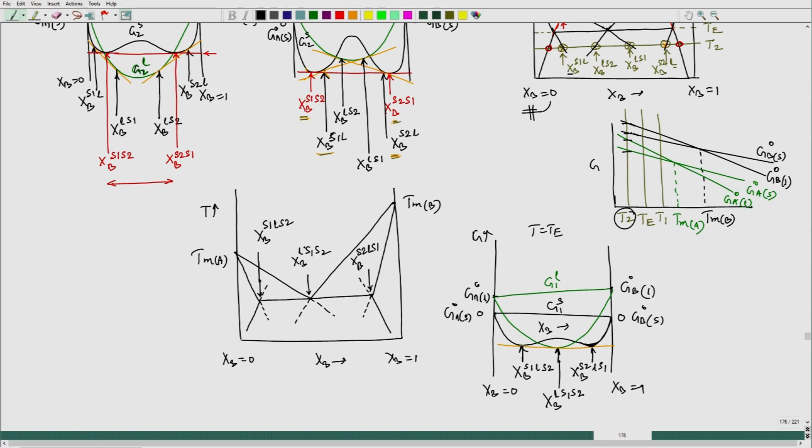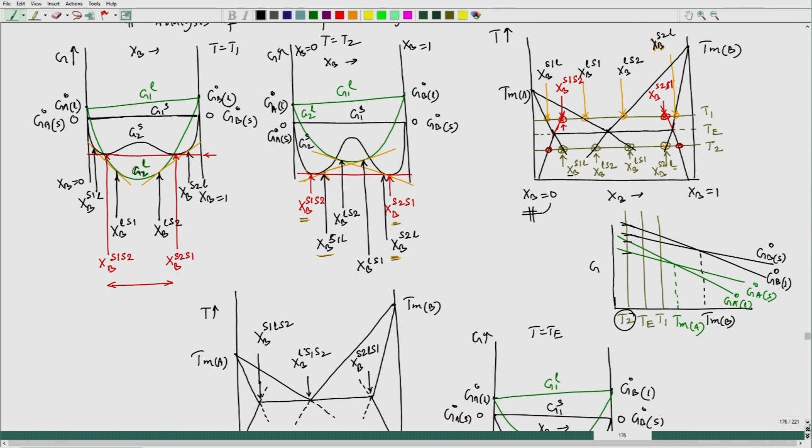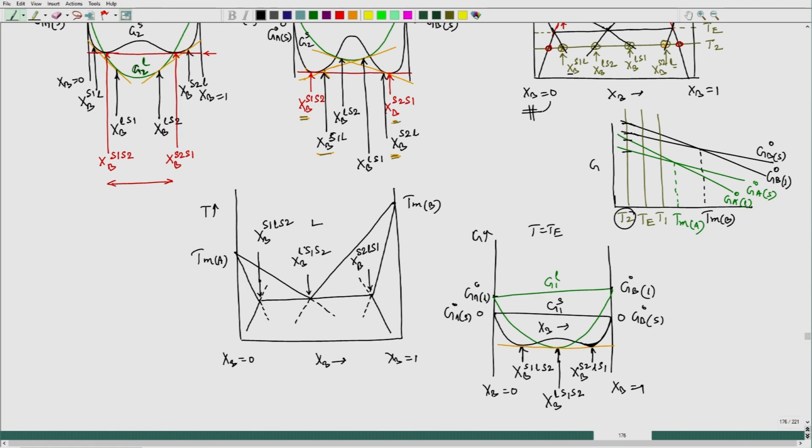Like that way we get the entire information about the metastability as well as stable situations in this eutectic phase diagram. And here I need to mark that this is liquid, this is solid 1, this is solid 2, solid 1 plus solid 2, and here solid 1 plus liquid, and here liquid plus solid 2.